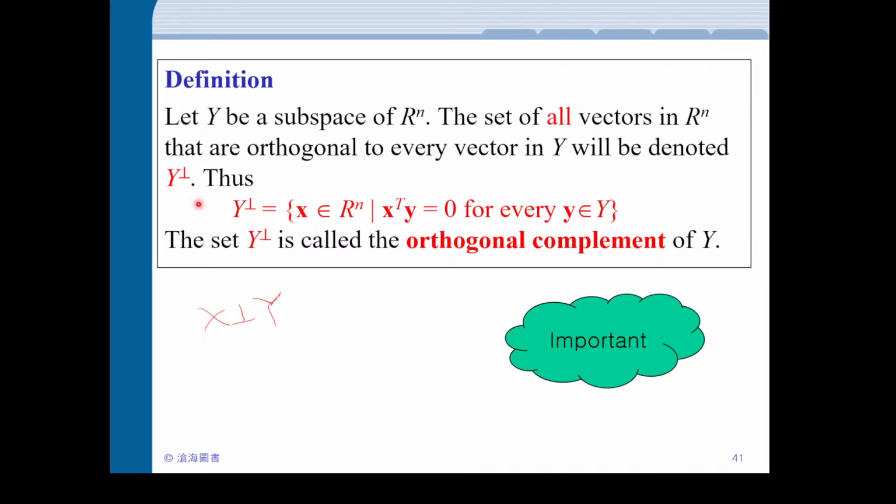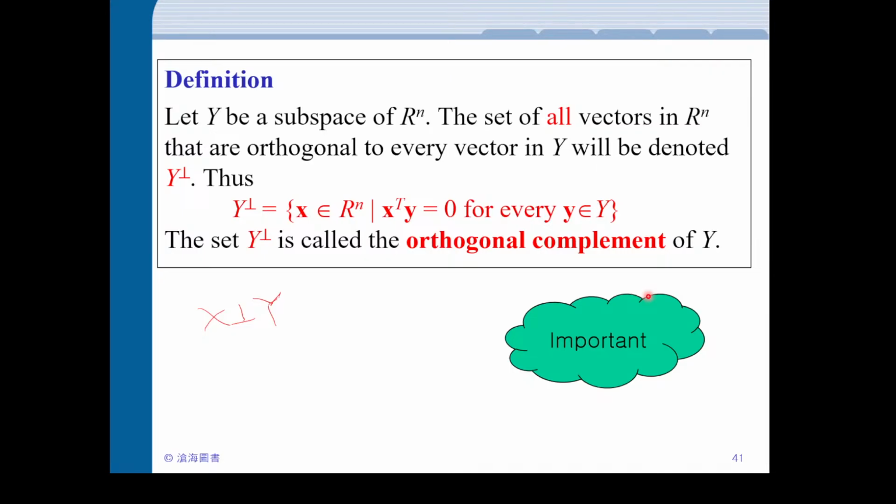And we write it in this way: y with the superscript being this perpendicular sign. So this y perpendicular is everything inside Rn that's orthogonal to y, and it's called the orthogonal complement.